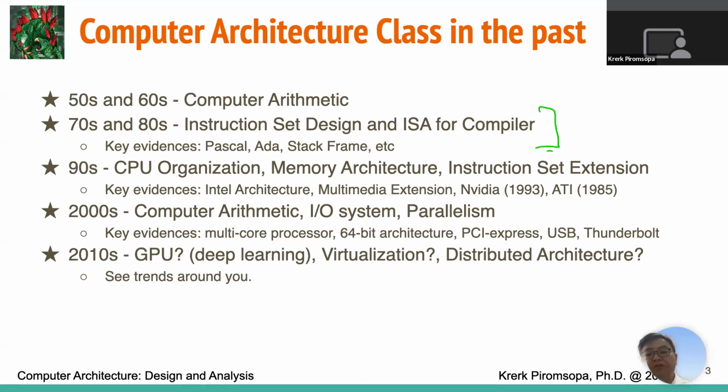That's the trend for the 70s and 80s. Later, they moved the focus to CPU organization and extension. Then we moved back to arithmetic again when we wanted to design a better processor. And now we are in the era where we want to focus on GPU or virtualization or distributed architectures.